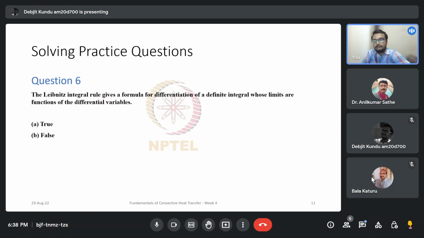The Leibniz integral rule gives us a formula for differentiation of a definite integral whose limits are functions of differential variables. Is this statement true or false? In deriving the approximate momentum integral analysis as well as the energy integral analysis, we have to use the Leibniz integral rule.